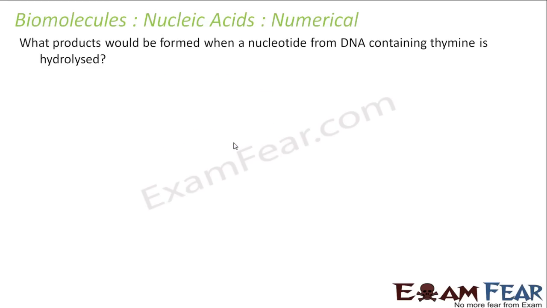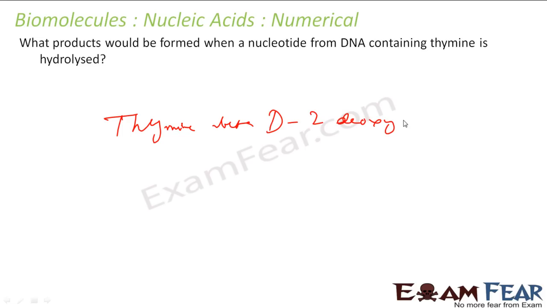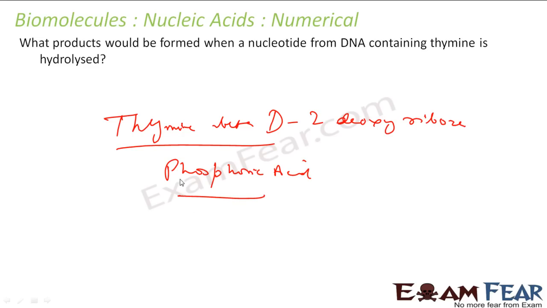The next question is, what product should be formed when a nucleotide from DNA containing thymine is hydrolyzed? See, it will give thymine, beta-D-2-deoxyribose, and phosphoric acid.